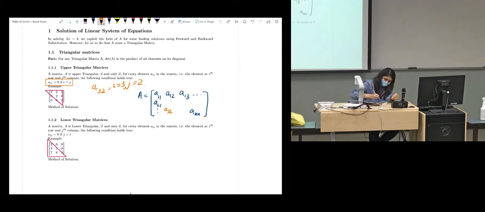If we were to find that term in our upper triangular matrix, it is the third row, 1, 2, 3, and the second column, 1, 2. So this 0 right here. So that's A32.